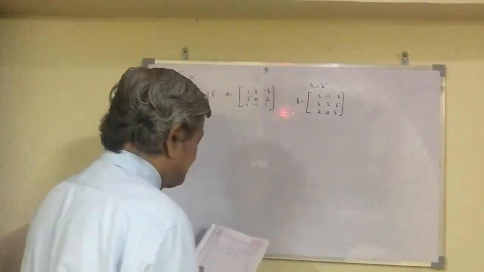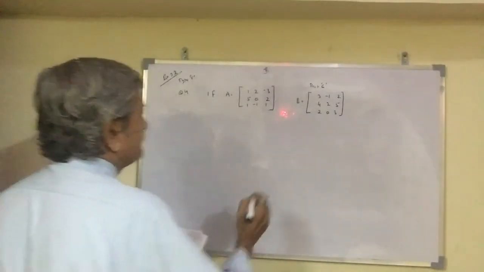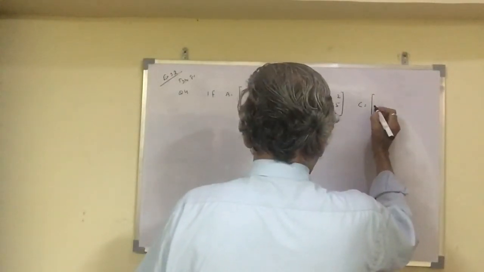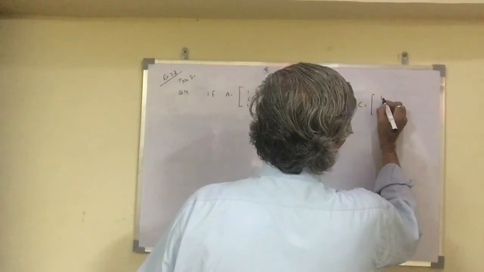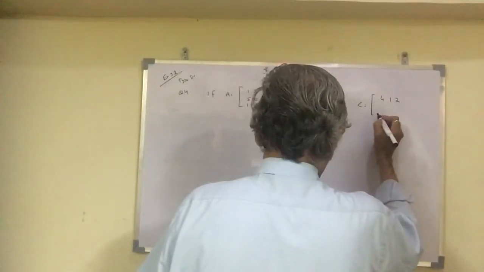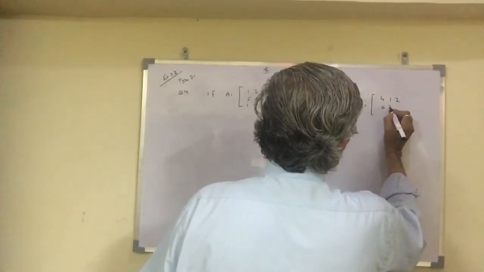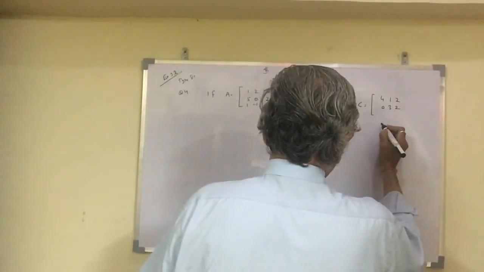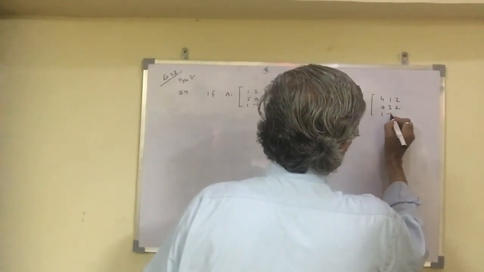This is the B matrix, and you are given the C matrix also: 4, 1, 2, 0, 3, 2, 1, -2, 3.